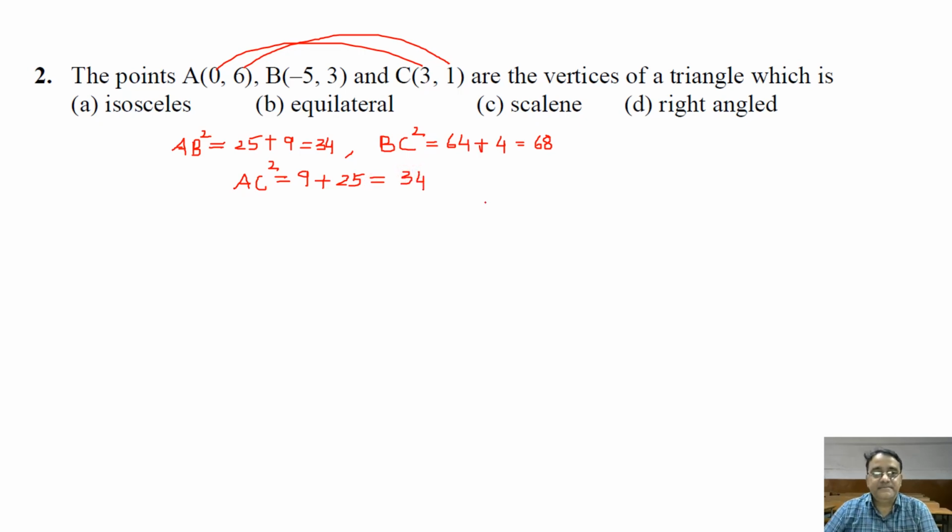Now see, here the two sides are equal. So it is isosceles triangle. Okay, but AB square plus AC square is also equal to BC square. Clear?